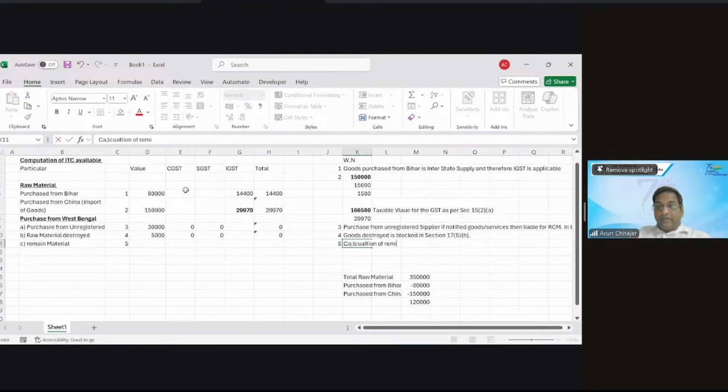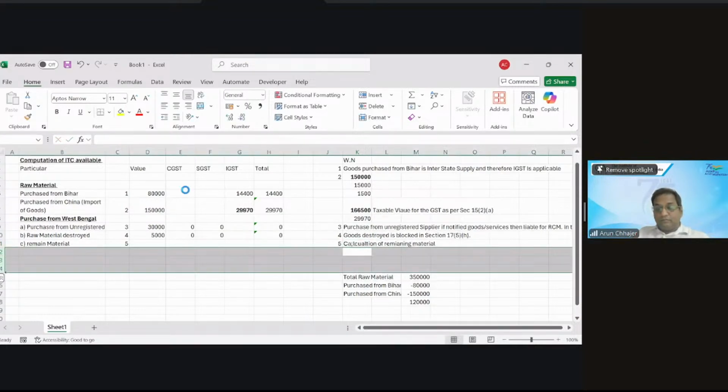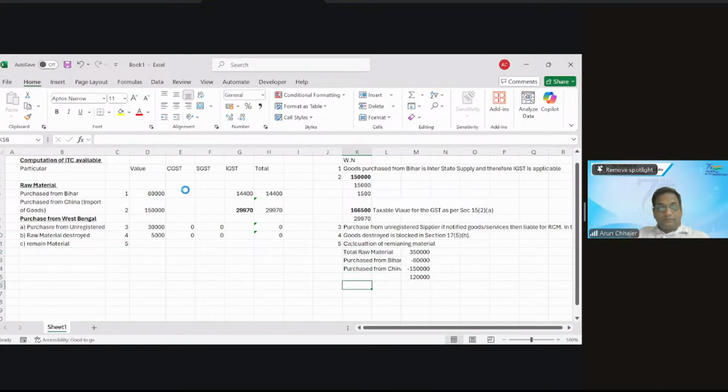Calculation of remaining material. 30,000 per raw material destroyed. That is 5,000. Correct. So the balance material is 85,000.